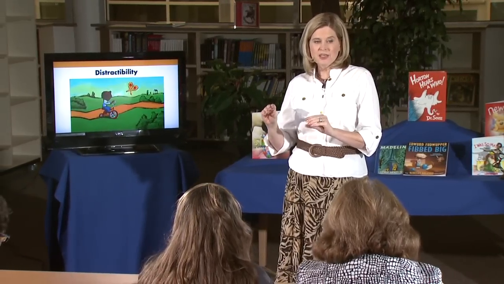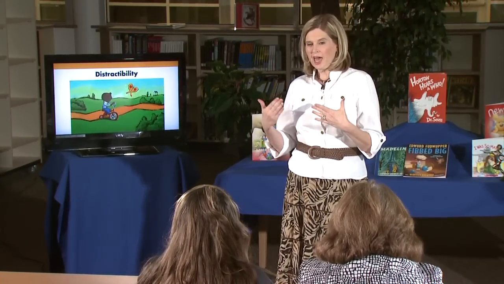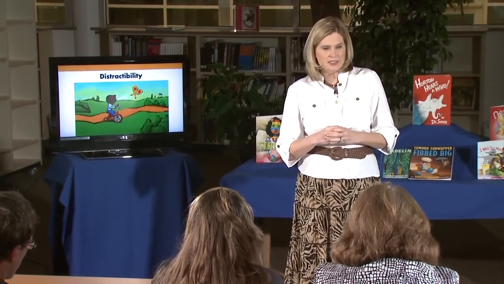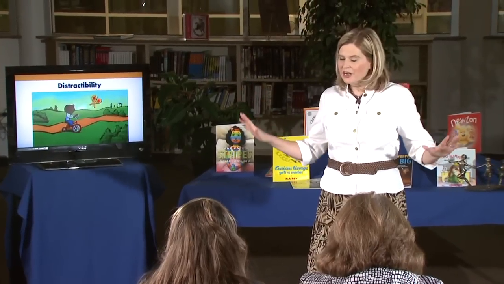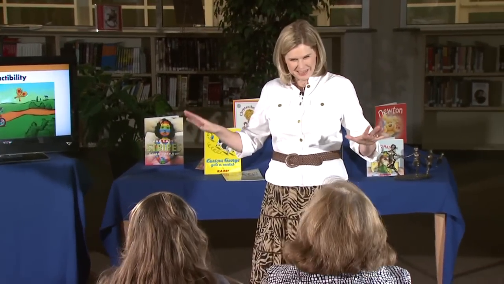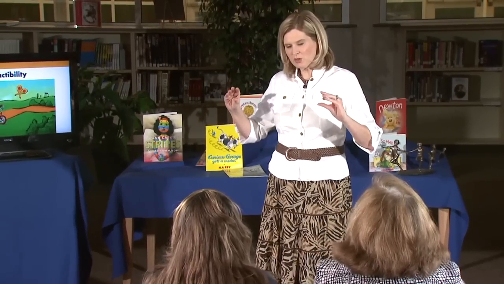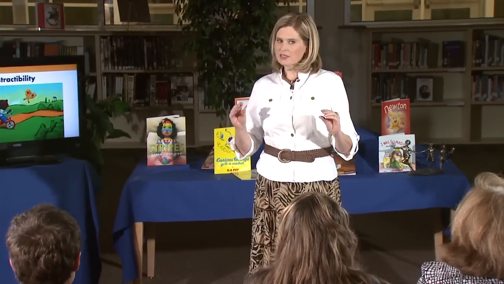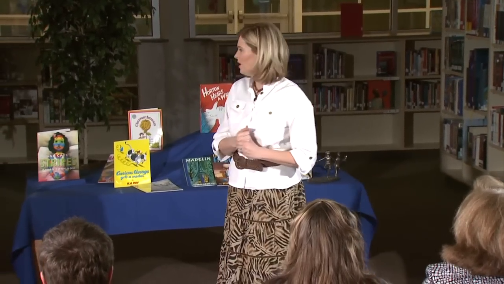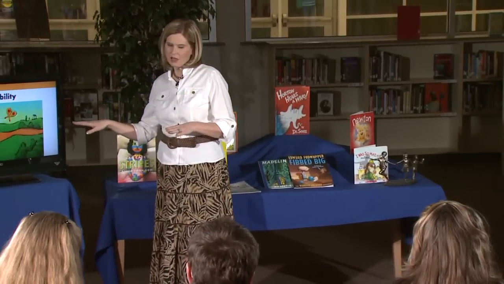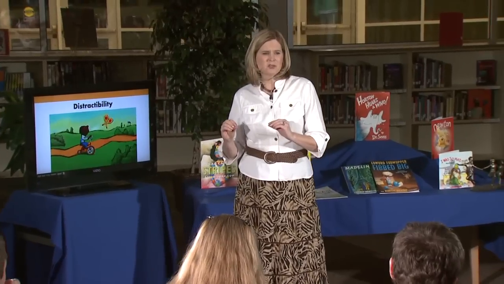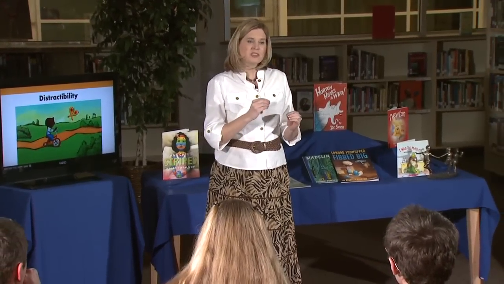There are children that, because of their brain chemistry or the sensitivity of their senses, have a trait that overshadows all the other nine. When one trait exhibits more than any other trait, you might start thinking, is there something we can do to help them? And when we talk about distractibility, we're not talking about ADD, okay? Although sometimes we want to classify children with that because they have those temperament traits.